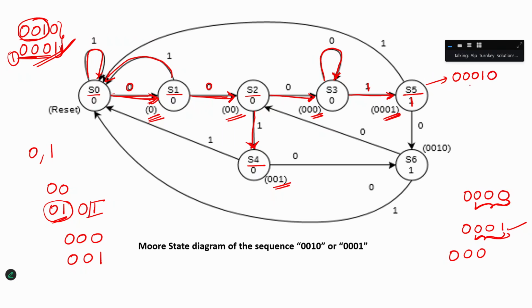If it is 0, I need to match the first 4 sequences, so 4 sequences are matching. If it is 0, it will go to S6, because it is matching 0, 0, 1, 0. It will go to S6.